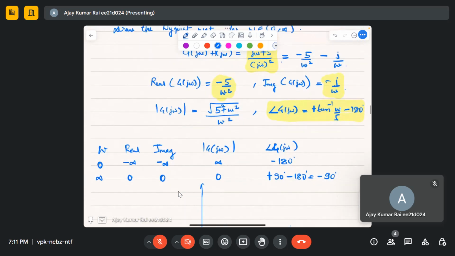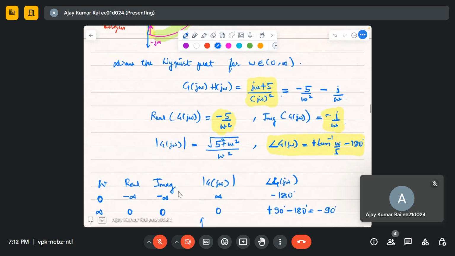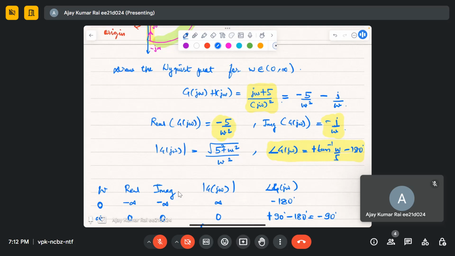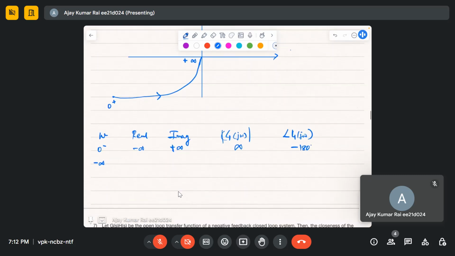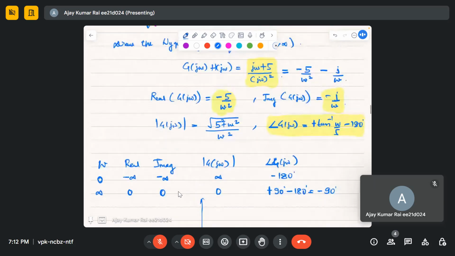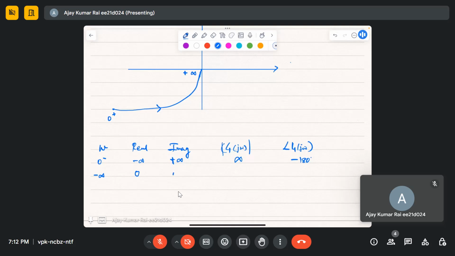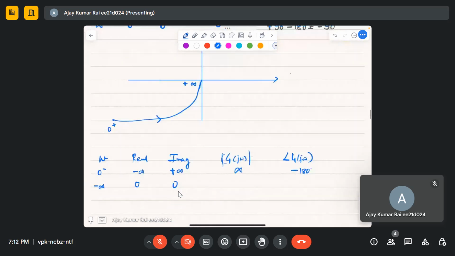Okay. So real part is still negative because it's omega square in the denominator. But for the imaginary part, you can see what you will get, omega by minus omega square. Omega is some negative value, that's why you're getting some positive value. And for the infinity, what you will get, real part is equal to 0 and imaginary part will also be equal to 0.